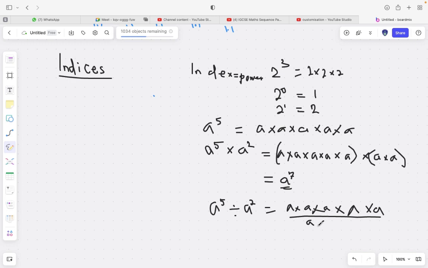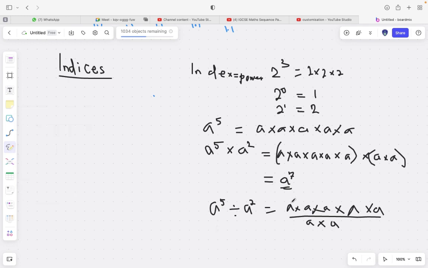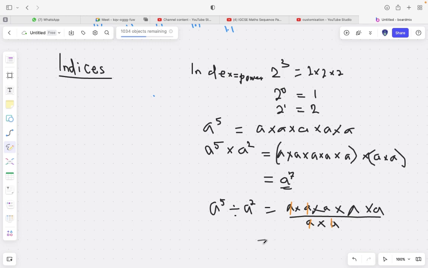So logically, in indices, what we do is cancel out. This removes this, and this removes this. So all we have left is a times a times a. That's a to the power of 3.